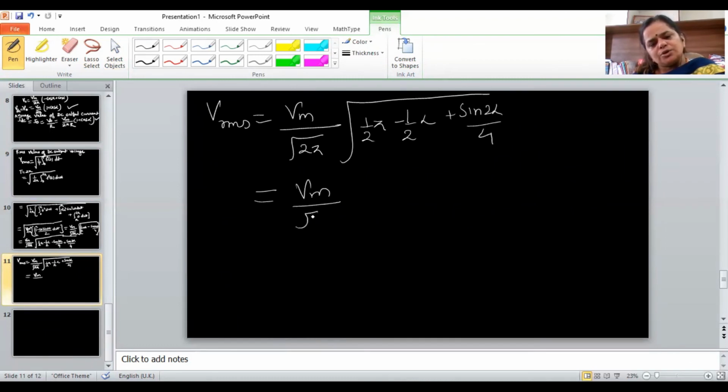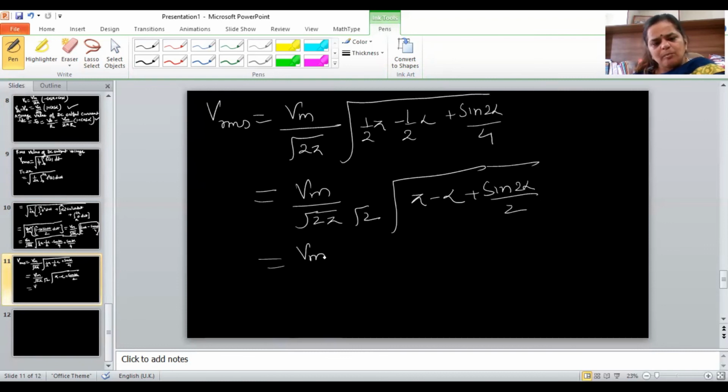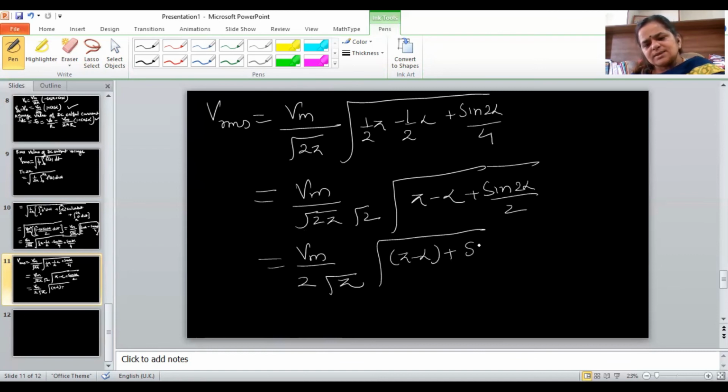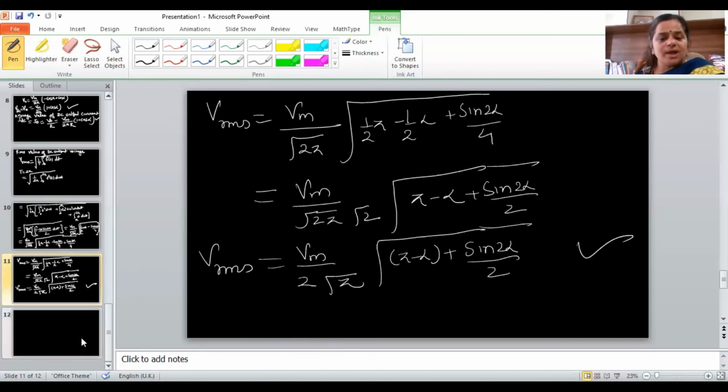Root 2 under root I can take outside. Then pi minus alpha plus sine 2 alpha by 2. So Vm by 2 under root pi, since root 2 times root 2 is 2, under root pi minus alpha plus sine 2 alpha by 2. So this is the value of your Vrms.